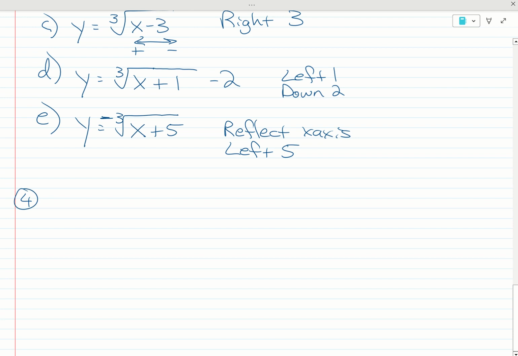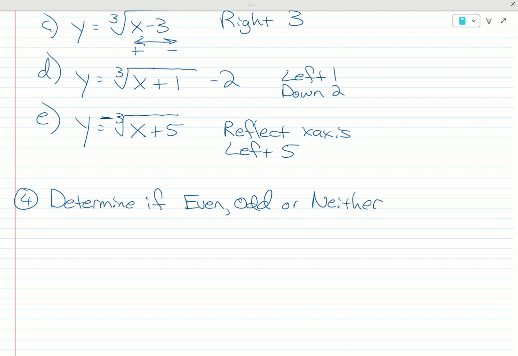For problem number 4, we're going to determine if even, odd, or neither. All right, and I'll give you a couple of graphs here. So let's take a look at a problem like this.